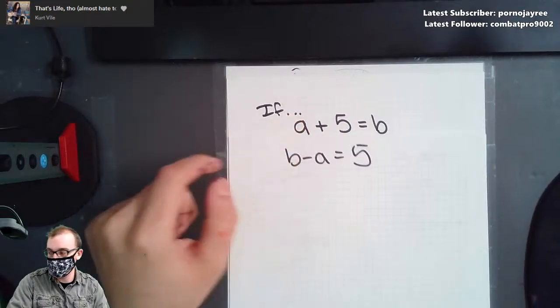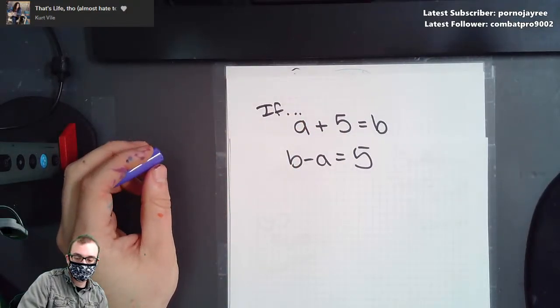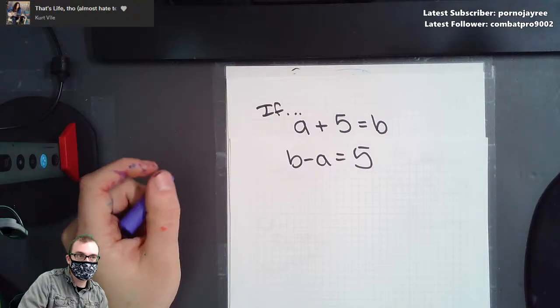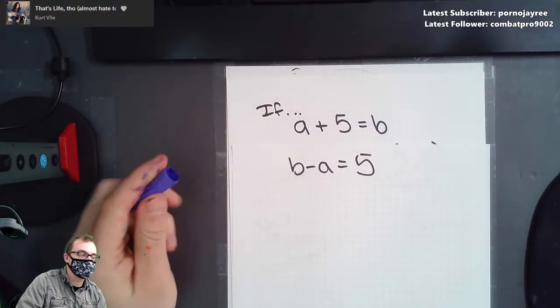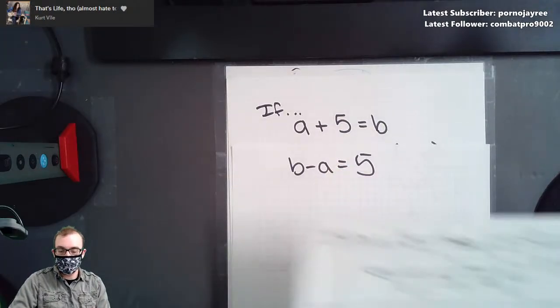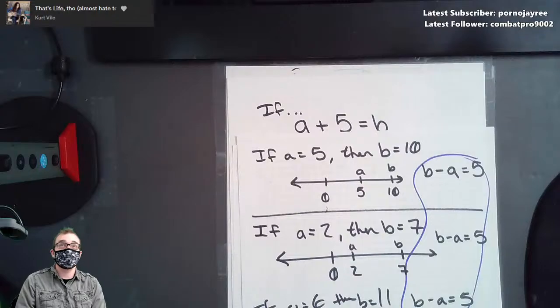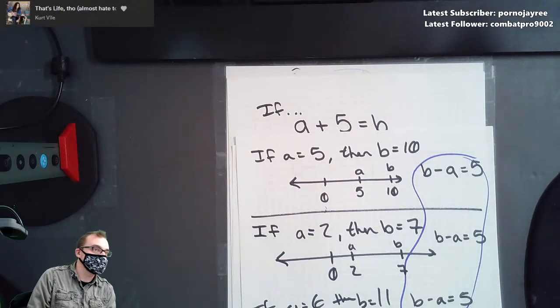How do we get from there to there PEMDAS-wise? What do we do? How do we get from here to here using PEMDAS? Because they're both the same, right? They're saying the same thing. This got us 5 and 10, 2 and 7, 6 and 11. Another way to represent that is to say that B and A are separated by 5 always, right?